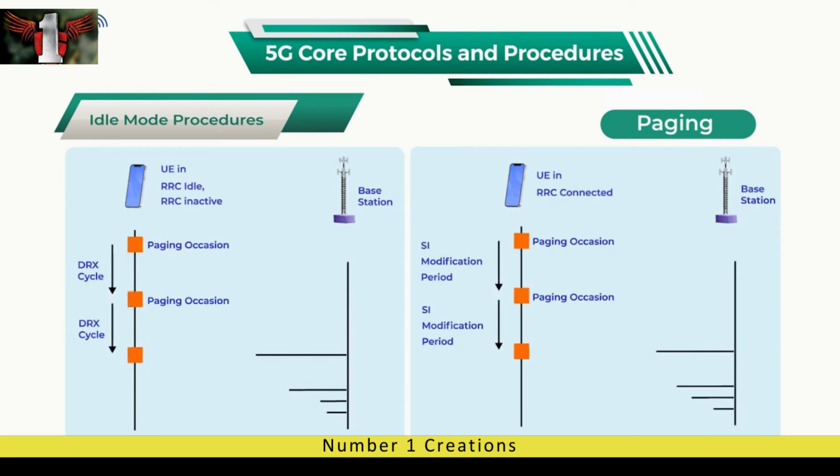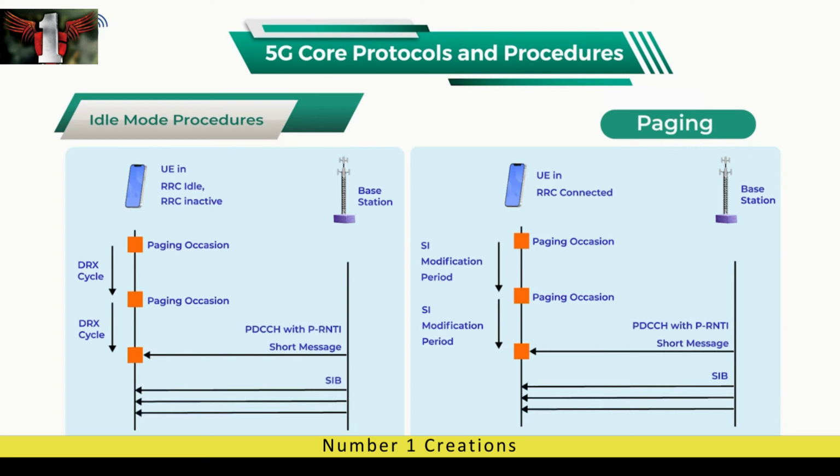Figure on the screen shows the paging procedure used to notify UE of a change to the system information or an incoming ETWS message. This procedure is applicable to UE in RRC connected, RRC idle, and RRC inactive. In this case, the paging procedure does not use NGAP, XNAP, nor RRC paging messages.